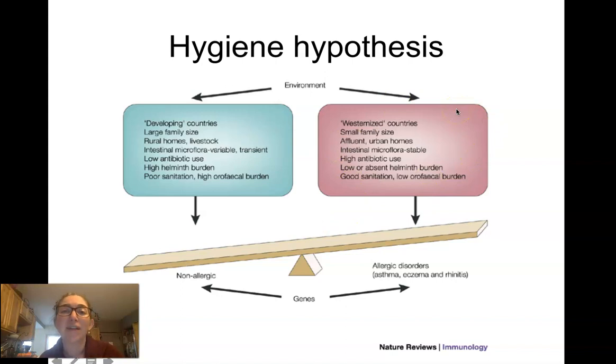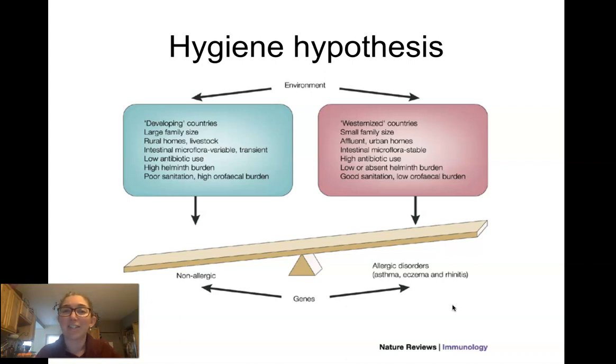Versus westernized developed countries, which have smaller family sizes, urban homes, high antibiotic use, so we cut down a lot of our microflora. We don't have exposure to many helminth infections, and we have lots of sanitation, and we see more allergic disorders and more autoimmune diseases. So this suggests that there's definitely a correlation.